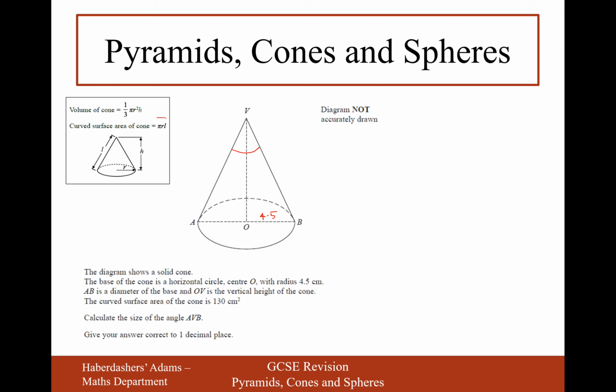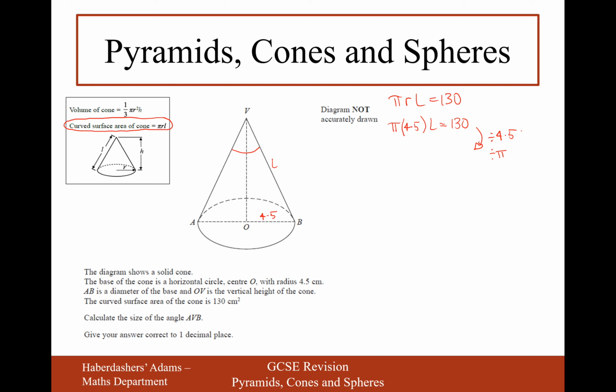So the curved surface area is 130. I need to pull out this formula to get the length of the diagonal, that length there. So it's pi times r times L equals 130, so pi times 4.5 times L equals 130. I'll divide by 4.5 and then divide by pi, both at the same time.